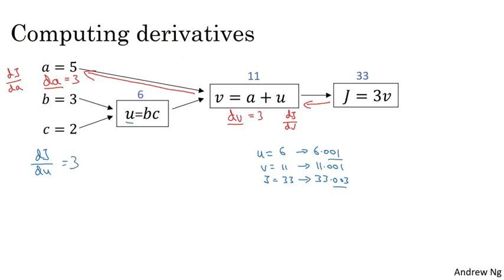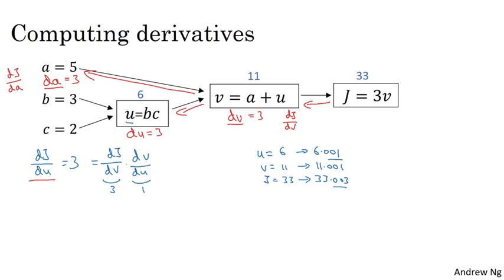The analysis for u is very similar to the analysis we did for a. This is actually computed as dJ/dv times dv/du, where we had already figured out dJ/dv was 3, and dv/du turns out to be equal to 1. So with one more step of backpropagation, we end up computing that du is also equal to 3. And du is, of course, just this dJ/du.